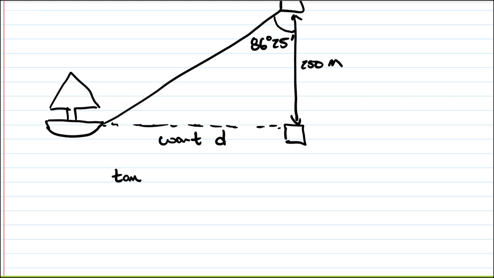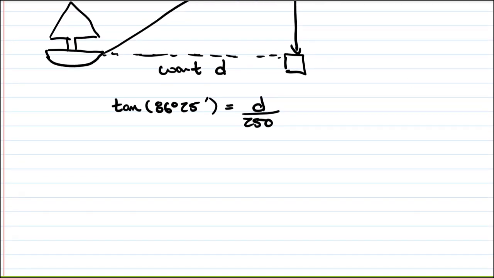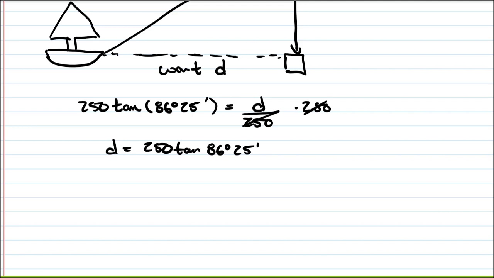So we have the tangent of 86 degrees 25 minutes is equal to opposite over adjacent, so d over 250. So solving that equation for d by multiplying both sides by 250 gives us that the distance is 250 times the tangent of 86 degrees and 25 minutes.